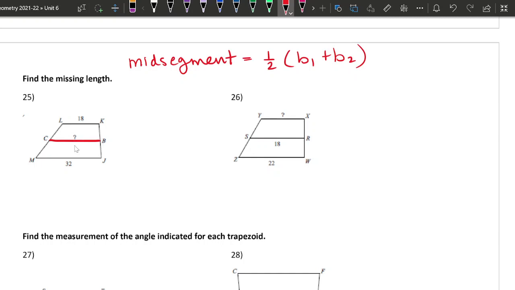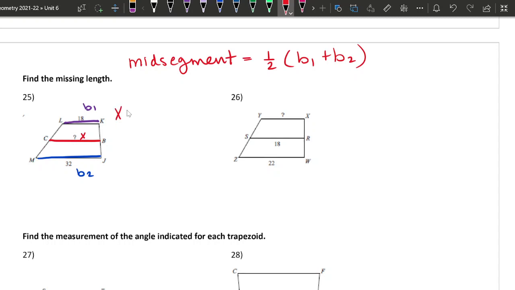The mid-segment is equal to the average of the bases. So I'm going to call the top one B1, and I'll call the bottom one B2. It doesn't matter which one you call B1 or B2. And I'm going to call the missing length X.